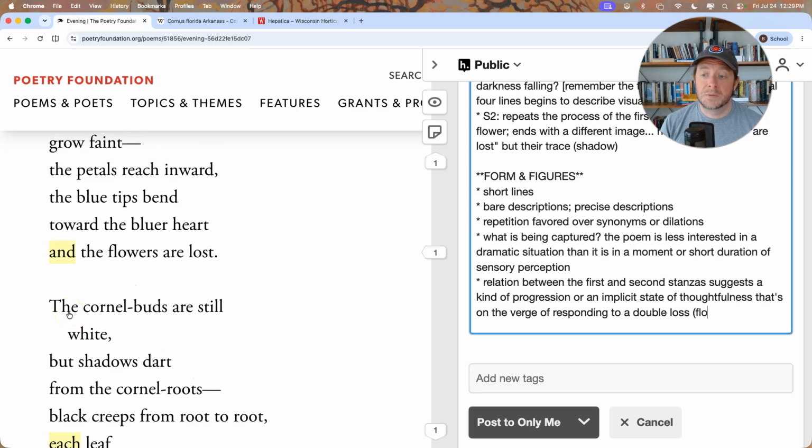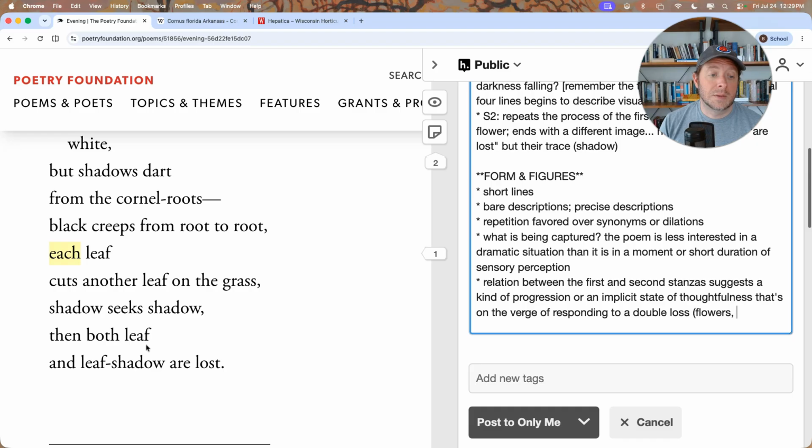The loss of the flowers in stanza one, and then the loss of leaf and leaf shadow in stanza two.